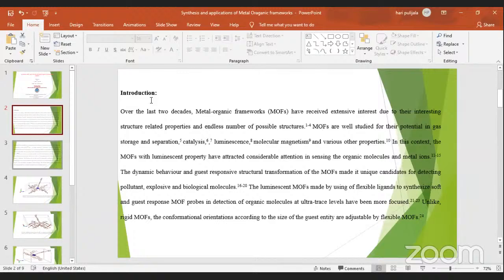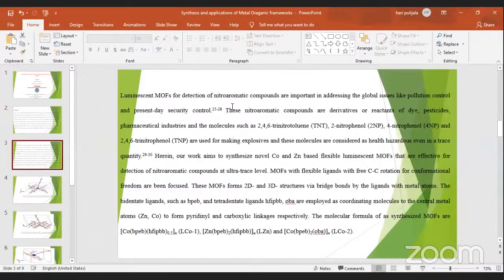Here, luminescent metal organic frameworks for the detection of various nitroaromatic compounds are important in addressing global issues like pollution control and security control.